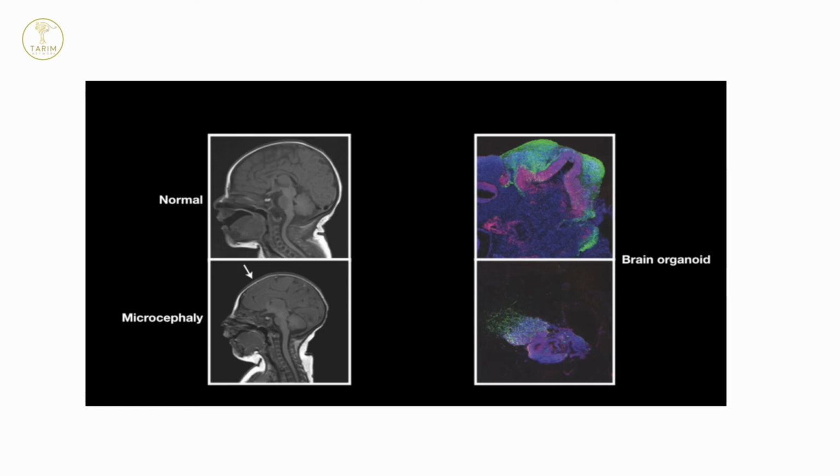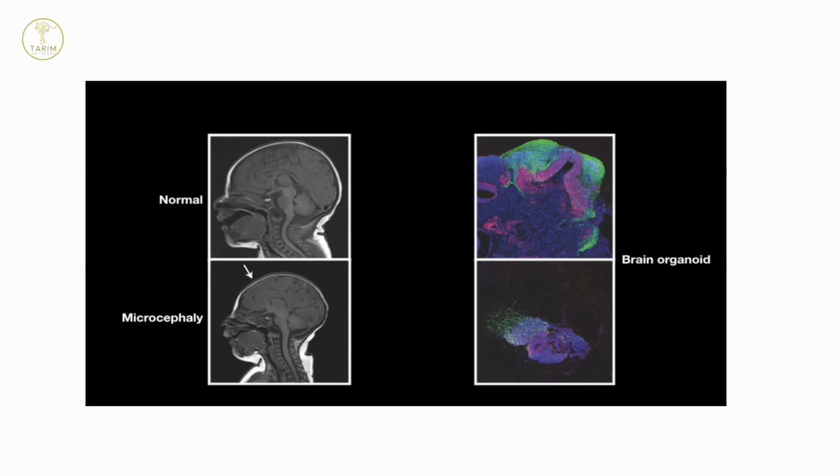But if we generate brain organoids from a diseased patient with microcephaly, it is obvious when you compare those two brain organoids from these different origins that the one derived from the microcephaly patient has a smaller size and a distinctly different structure as well. So you can see how beautifully these organoids resemble the actual state of each patient individually.